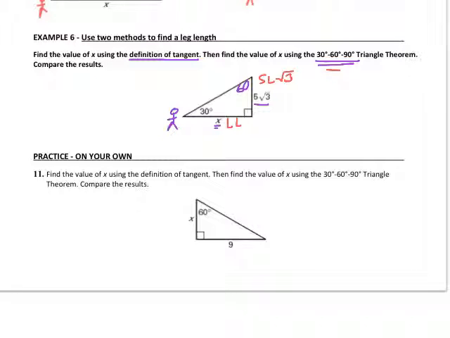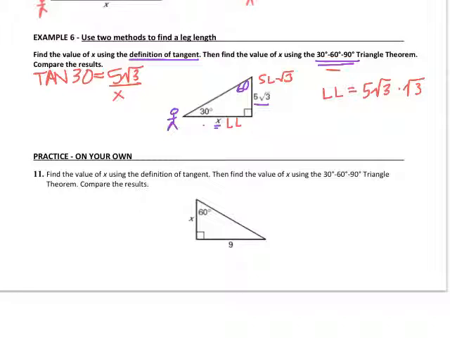We have to use the tangent rule, and that's going to be tangent of 30 degrees equal to opposite over adjacent, which we do not know what the adjacent side length is. And then on the other side of the picture, I want you to say, okay, well, the long leg is what we're solving for, and I know the short leg, and I need to multiply that by the square root of 3. So we have to do both of these to show ourselves that either way it's going to work out to the same answer.